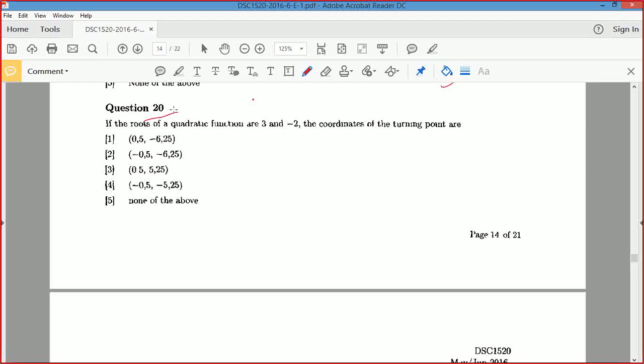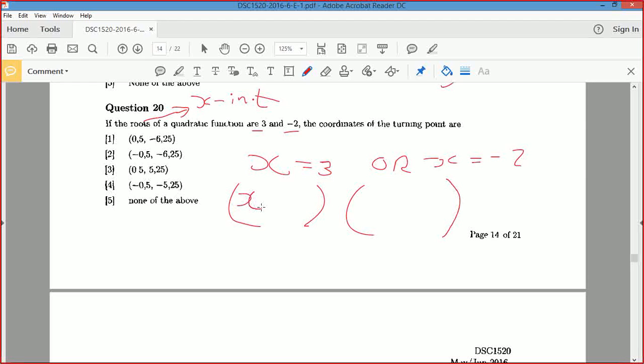Roots are x-intercepts. Exactly. So the x-intercepts here, 3 and minus 2, so x equals 3 or x equals minus 2. So I need the function. Okay, the function would be (x minus 3)(x plus 2).